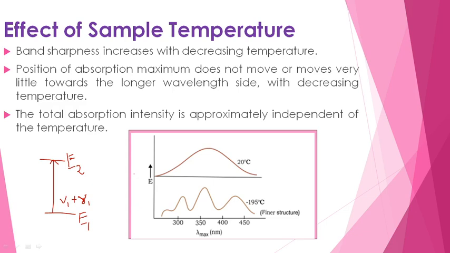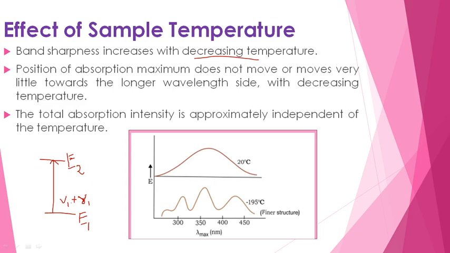There are also some changes that take place. So that's why the spectrum is broad in the case of UV visible spectroscopy. If you take the spectra with decreasing temperature, the influence of vibrational and rotational levels is minimized.